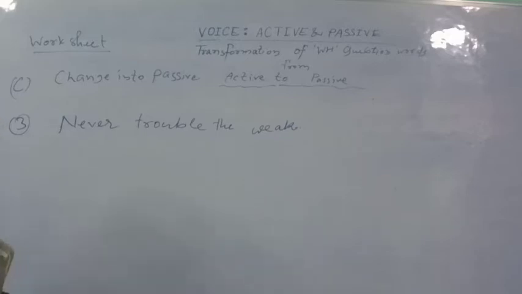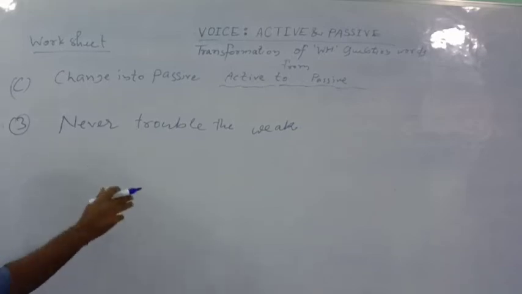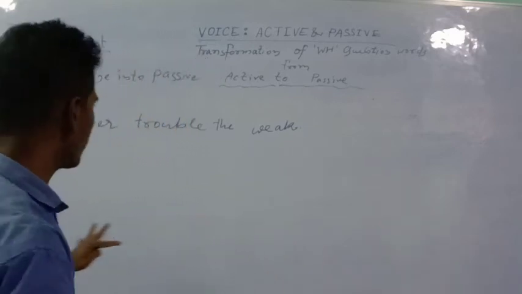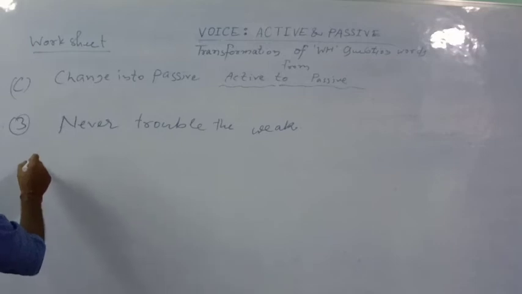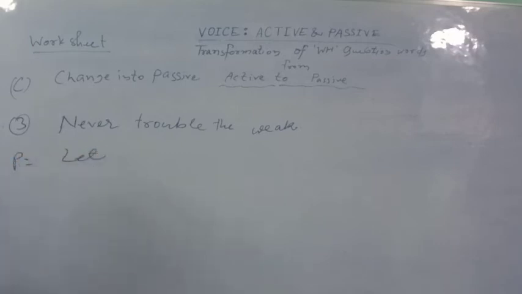And how to change an imperative sentence is very simple. See, there are two processes. We can do it with the help of let. The process is very simple. Here, no trouble of tense and all. It's very easy. So for the passive, what will we write?